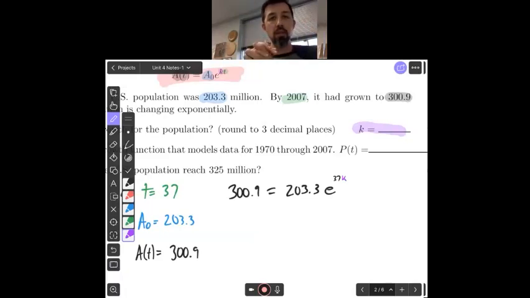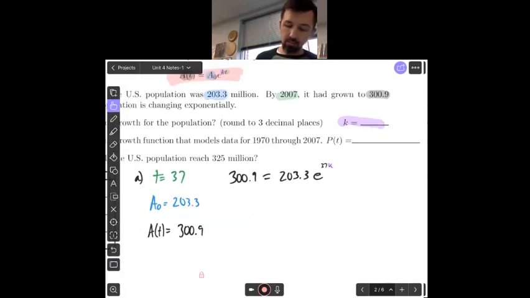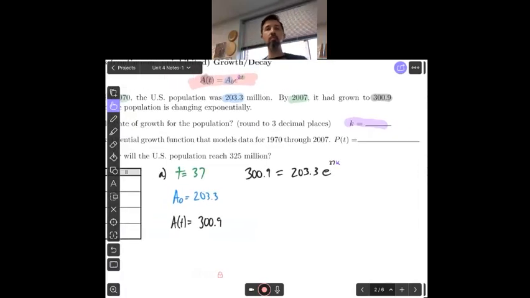So here's what we've been working on over the last week. How do we solve this equation? We're done with all the context. Okay, how do we do the math?